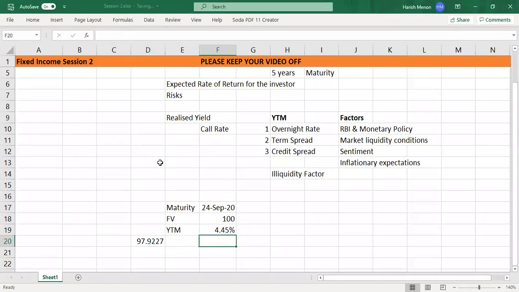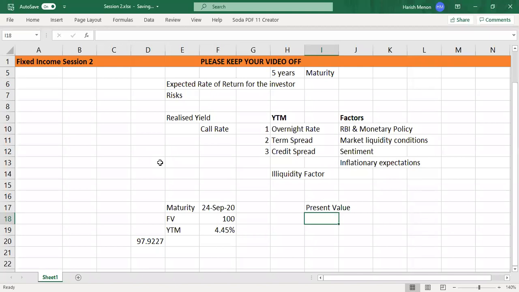97.9227. Now, whether it is this bond or any other bond, we only have one thing to understand about the pricing, the concept of present value. Many of you are commerce background participants. I can see that. You must have done something called time value of money.